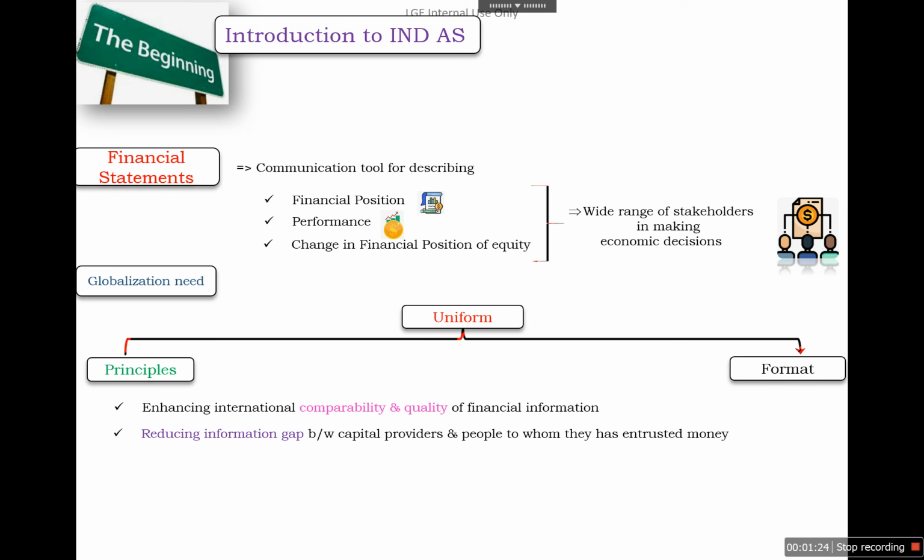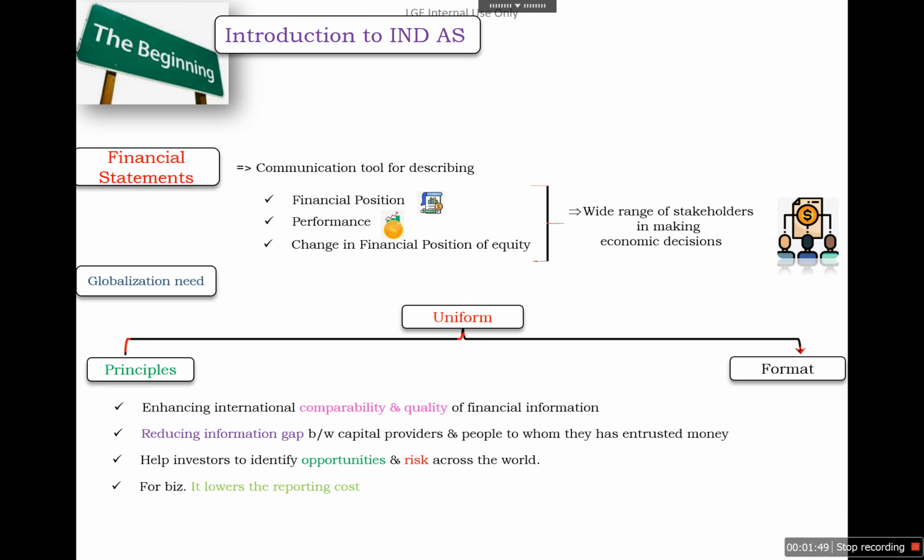Apart from it, it helps investors to identify the opportunities and risks across the world. It also lowers the reporting cost, because if a company has operations in different countries and similar principles are used for preparing the financial information, it will obviously reduce the cost.